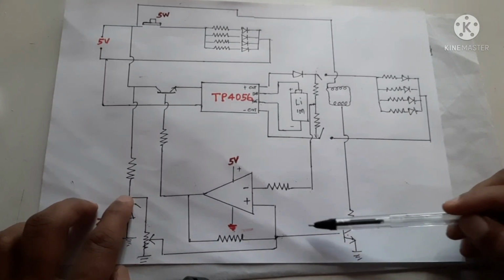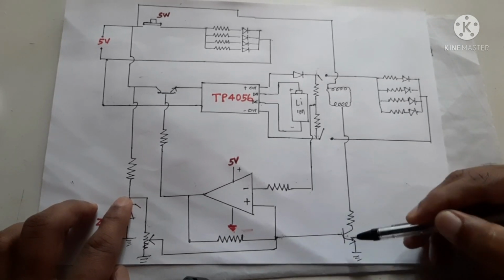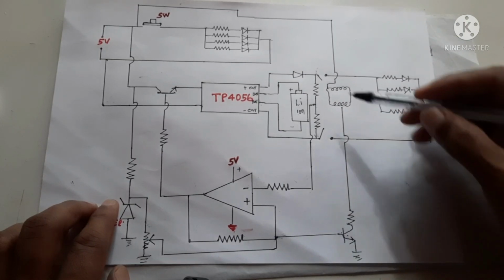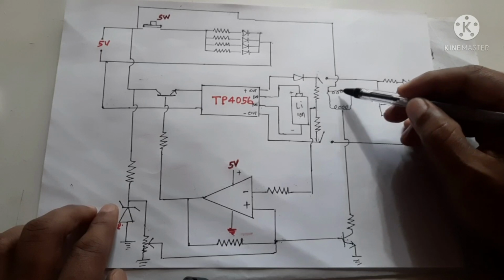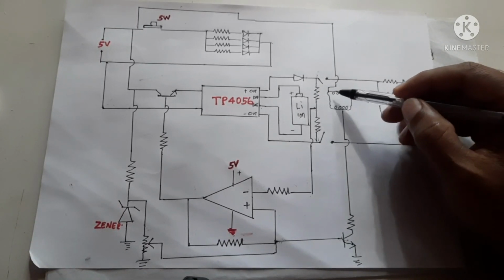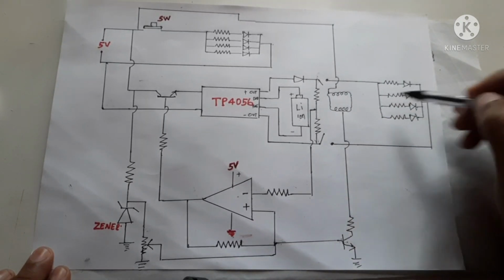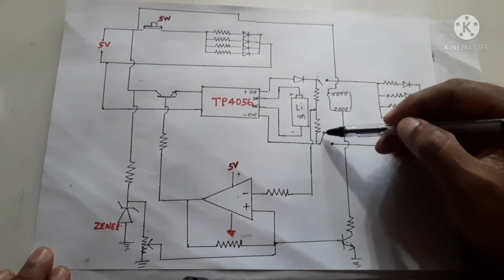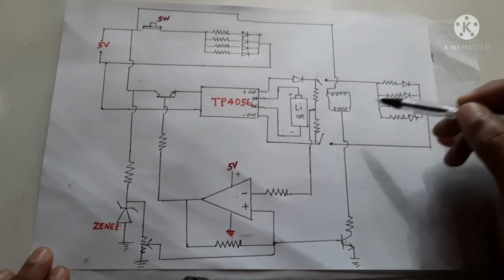When there is voltage, this base point will get a voltage, and the transistor will be on, and the current will flow through this. When the current flows through this, the relay will be energized, and this pole will not be connected to the output, and both the pins are not connected to the output LEDs.